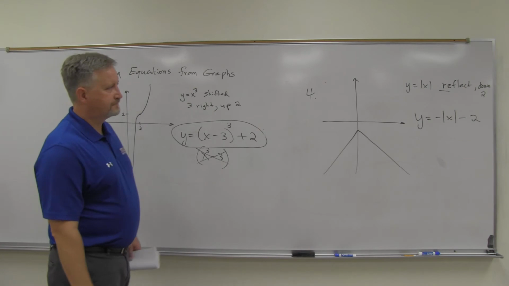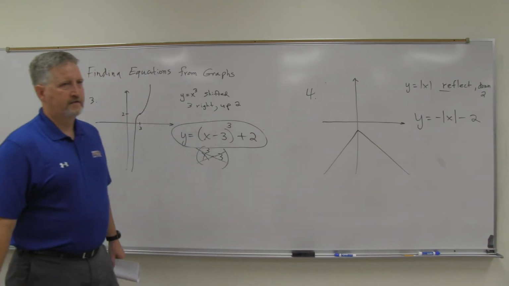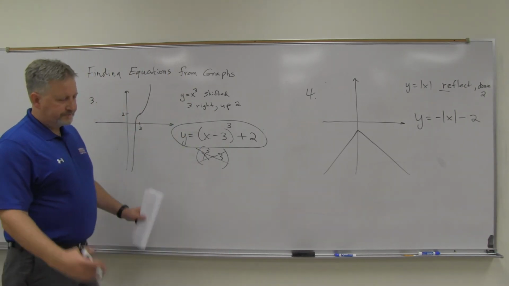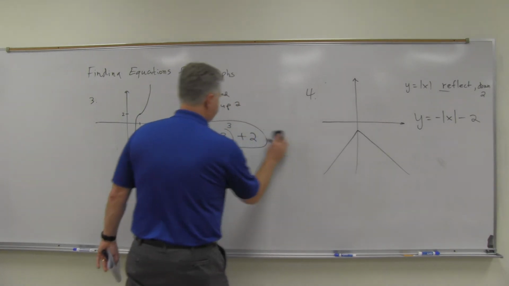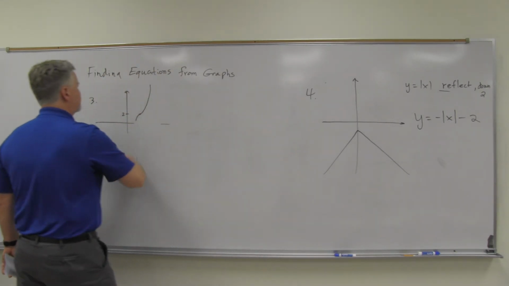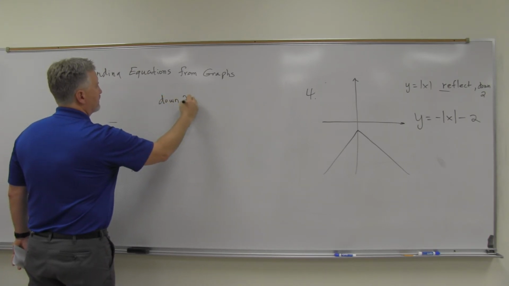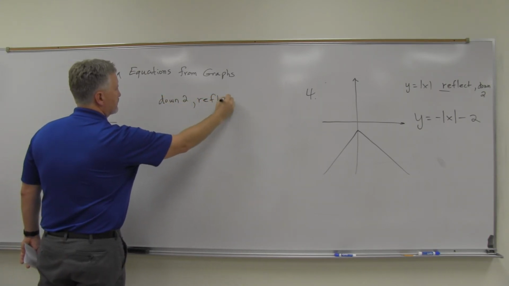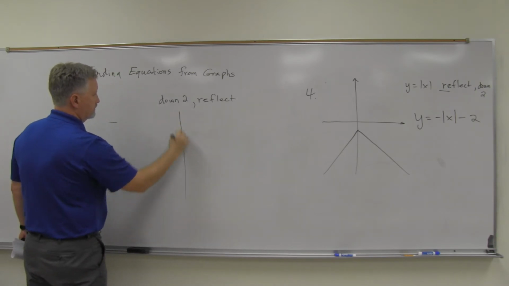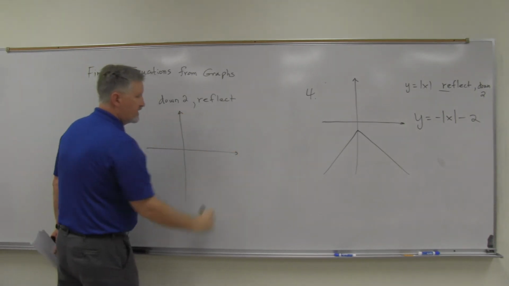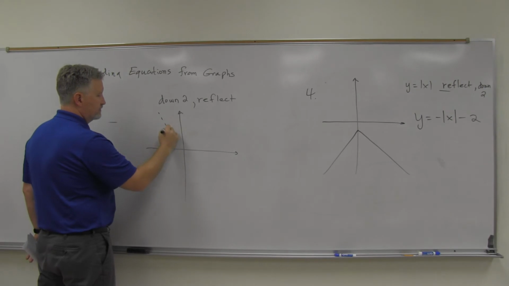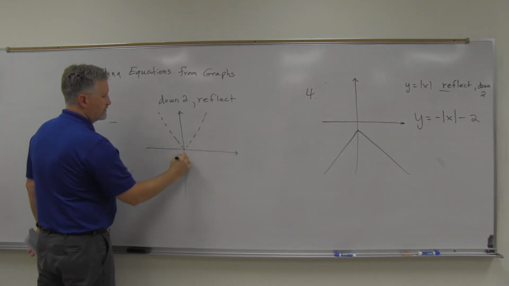And how did you know to do the reflection before you went down 2? Let's think about that. What if I did the down 2 and then reflected? If I go down 2 with the absolute value, it puts it here.